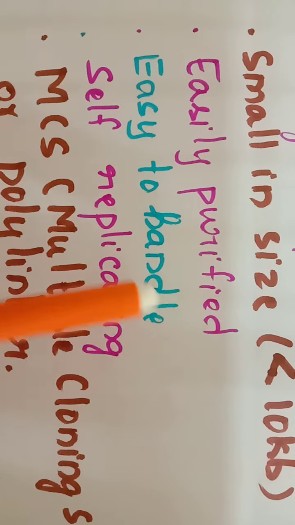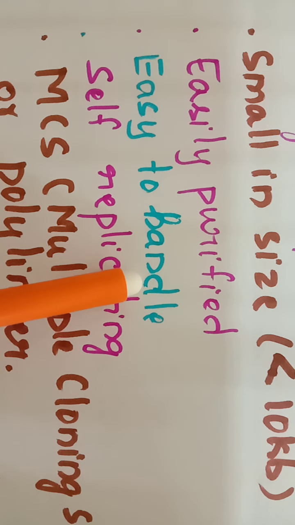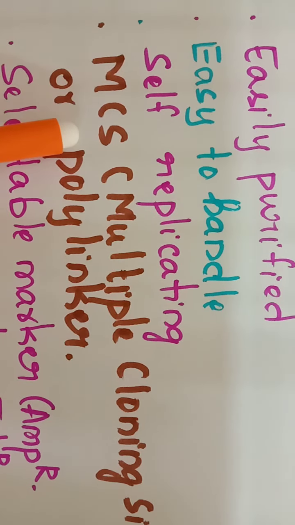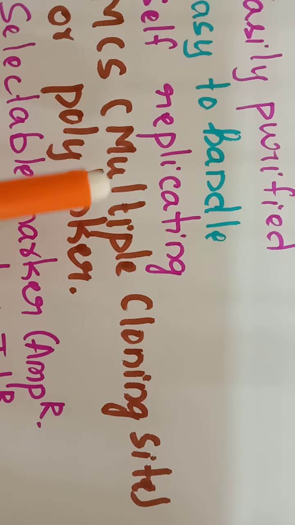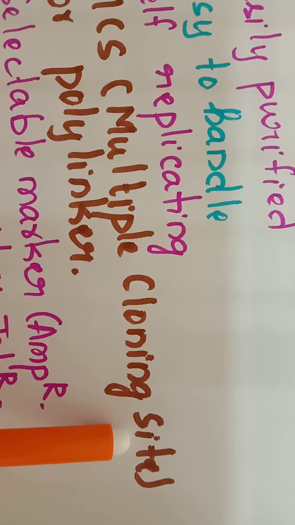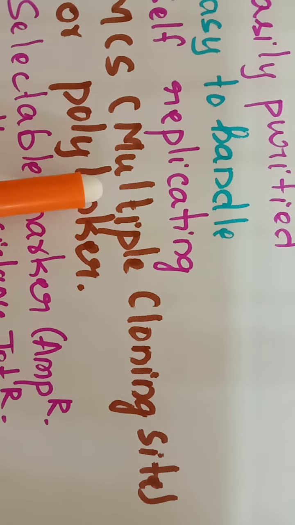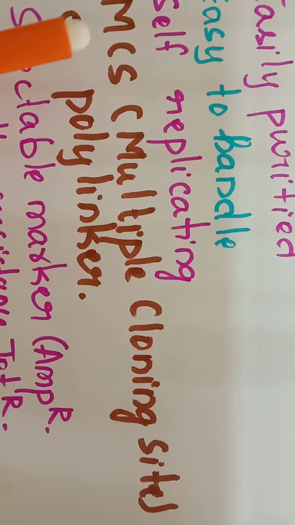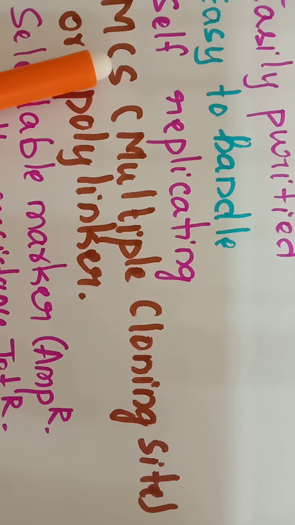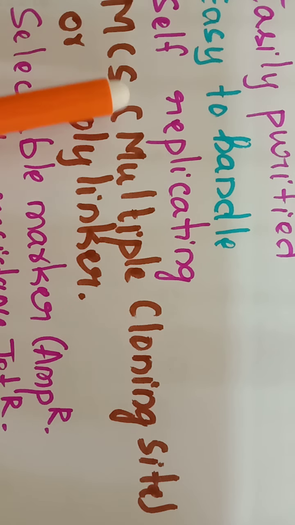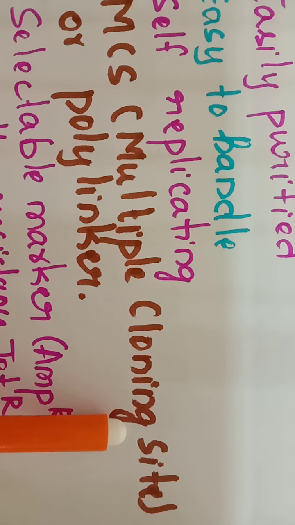In addition to this, plasmid has one more feature known as MCS. MCS stands for multiple cloning site, which is also known as the polylinker. We discussed while doing restriction endonucleases that they recognize a particular sequence known as a restriction site, and these plasmids have many restriction sites.